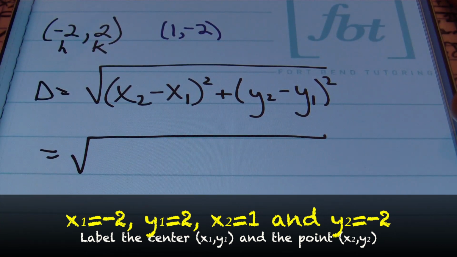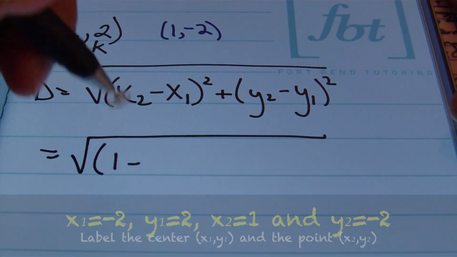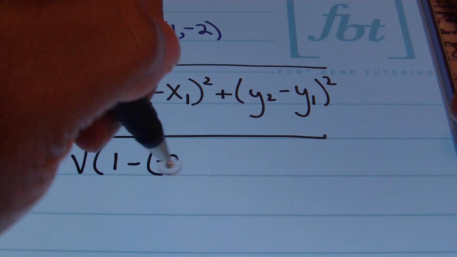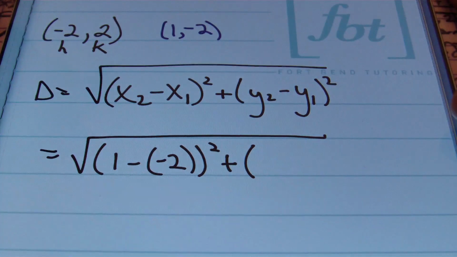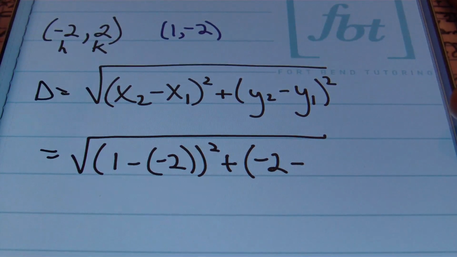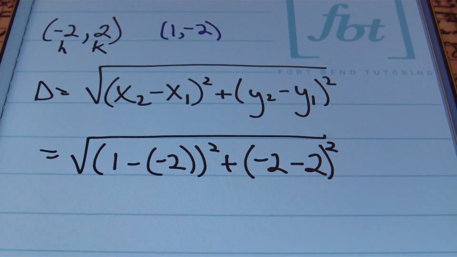So x2, the x value of my second point, will be 1 minus our first x value, which is negative 2. And that'll be squared, plus my second y value, which is negative 2, minus my first y value, which is positive 2. So this is what I have thus far.